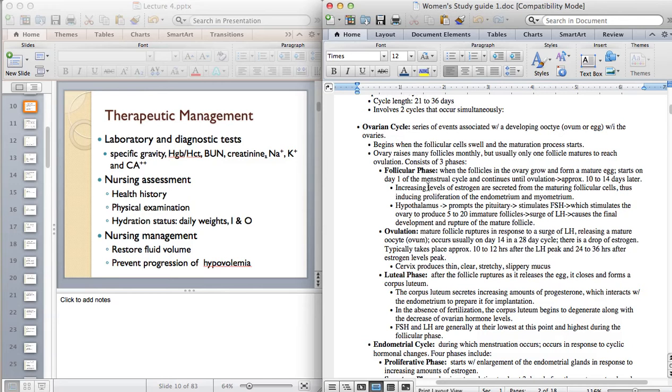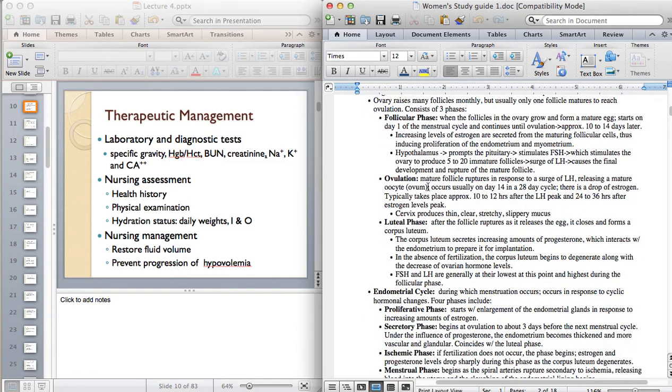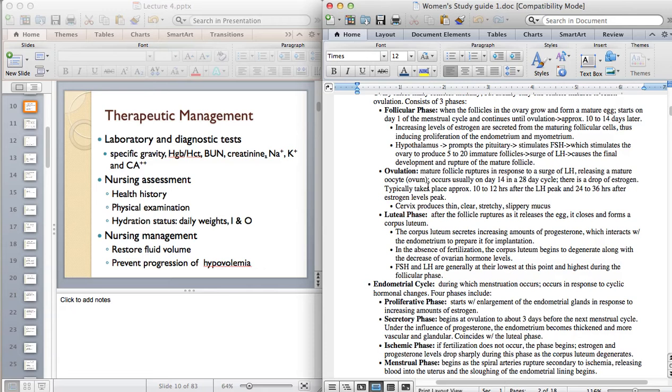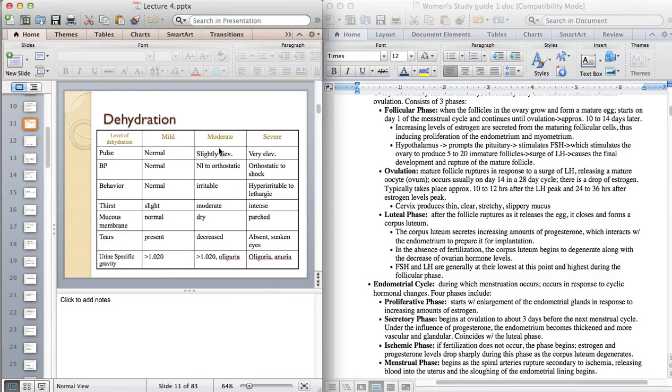Please note that tap water, sterile water, or undiluted juice is not a good source of electrolyte replacement in the face of dehydration, any form of dehydration. Pedialyte is fine. We can teach the parents also to make their own fluids.